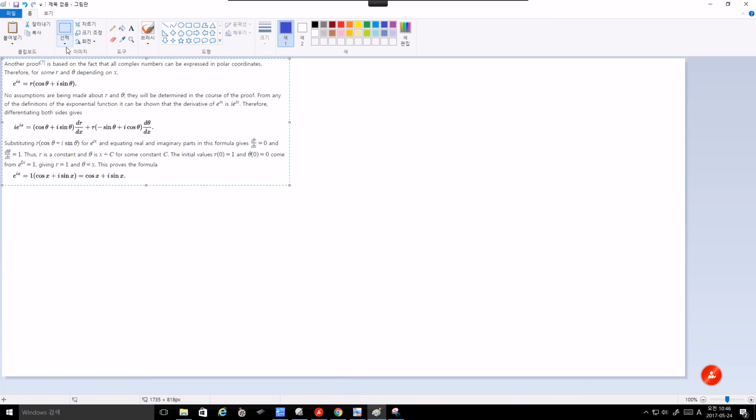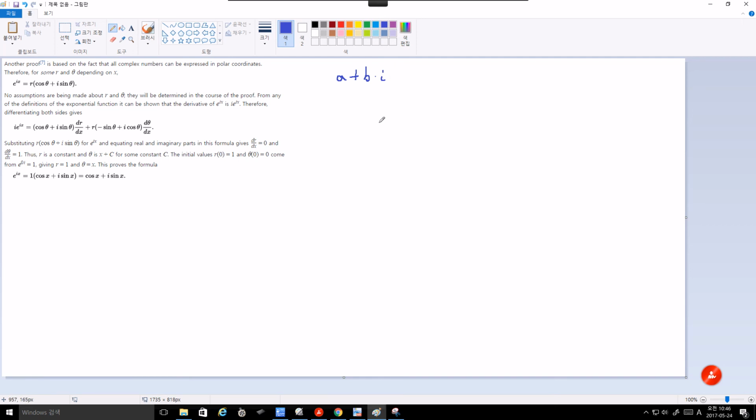So Euler's formula, okay? Another proof is based on the fact that all complex numbers can be expressed in polar coordinates. Suppose we have a complex number like a plus bi.